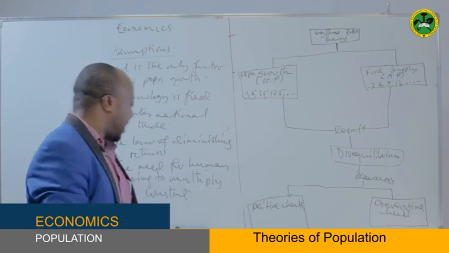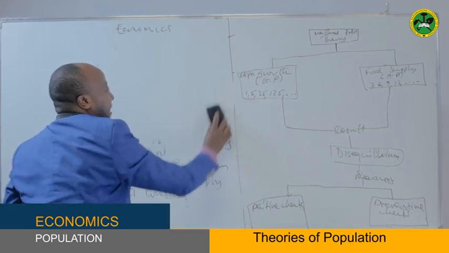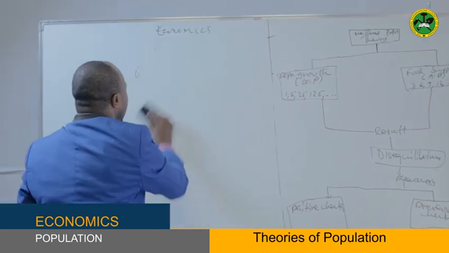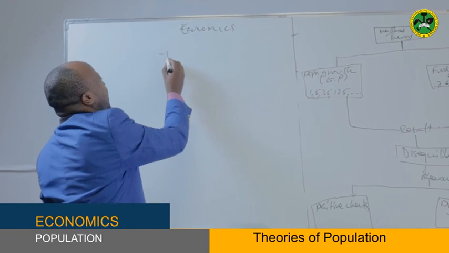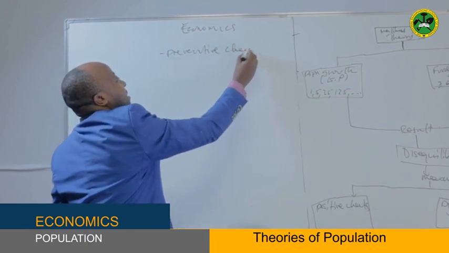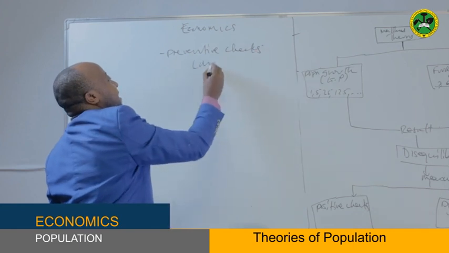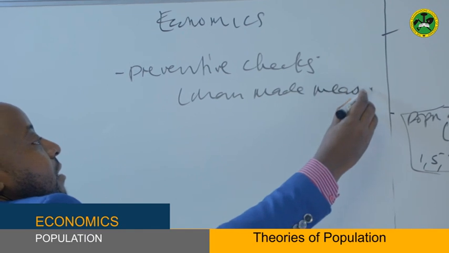So we can see here, in the case of those two checks, for preventive checks, these are man-made measures.